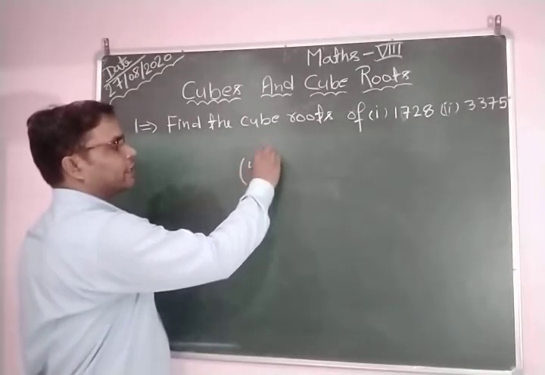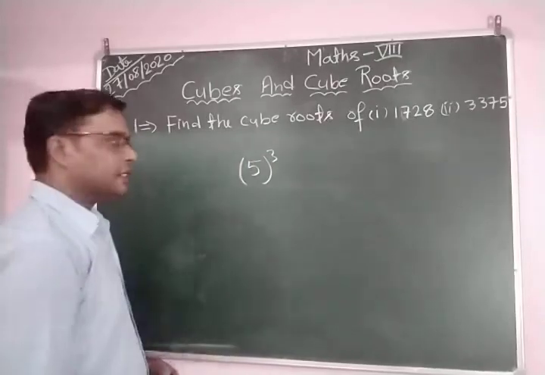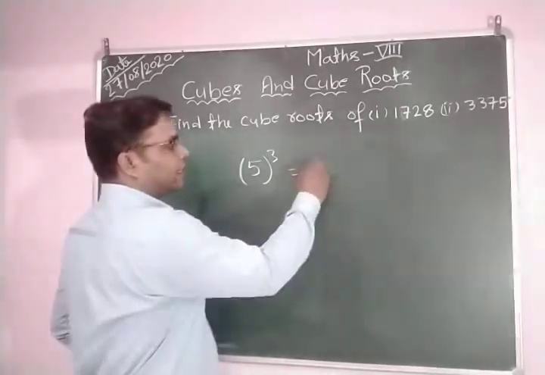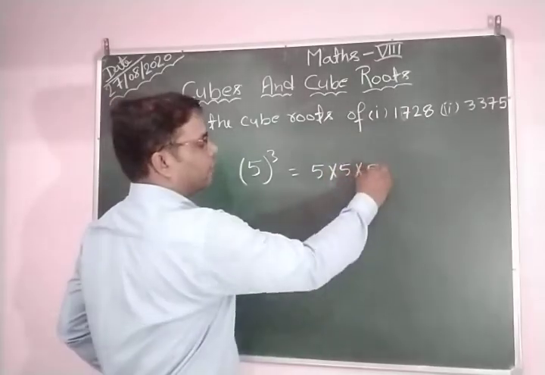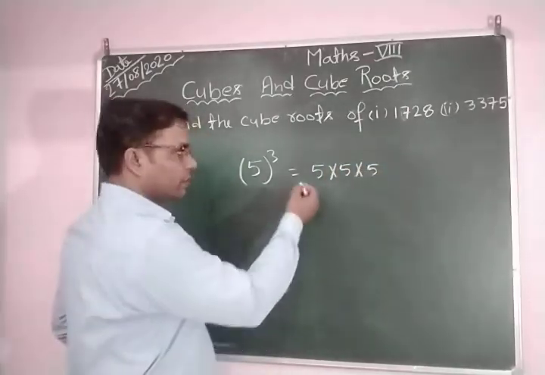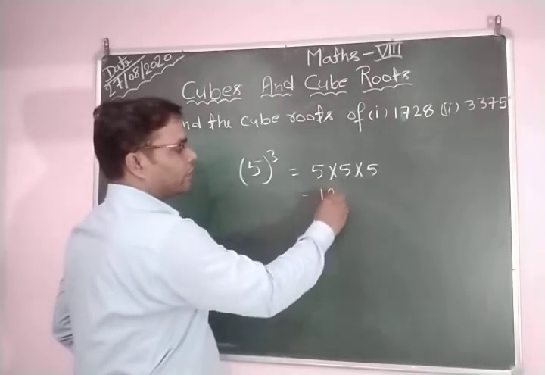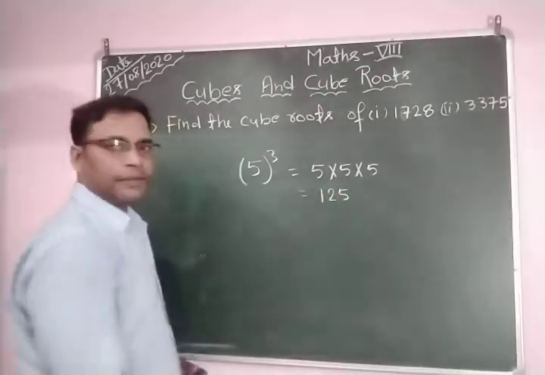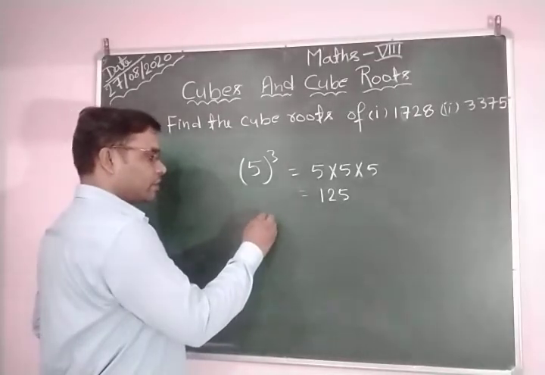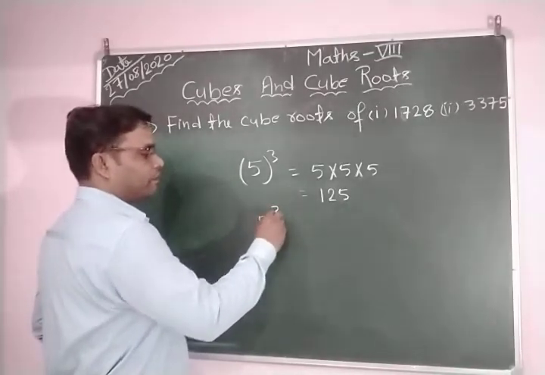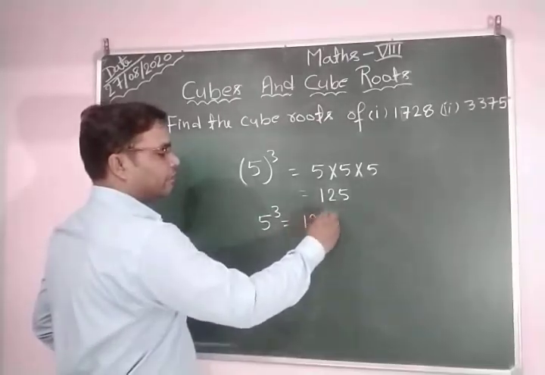You write the cube of 5. This means you multiply 5 by itself three times, 5 into 5 into 5, which is equal to 125. Clear? So the cube of 5 is 125.